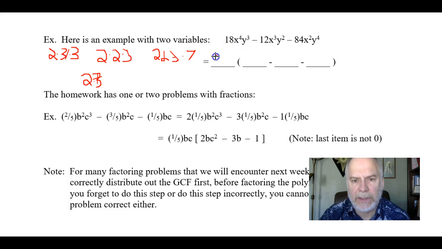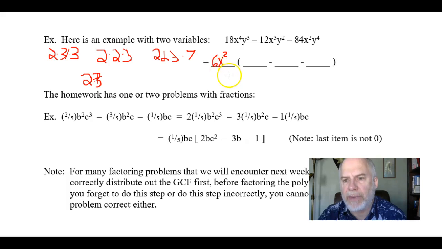So the greatest common factor is 6 as far as the numbers. Now, x's. How many x's are in each of the terms? Well, this one has 4, this one has 3, this one has 2. It's the one that has the least that limits you.